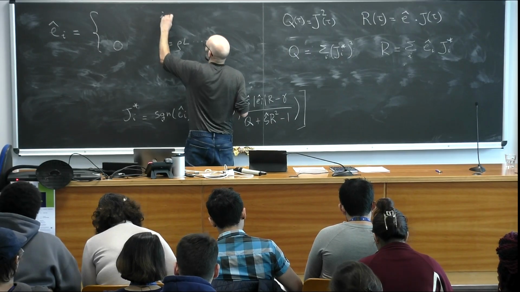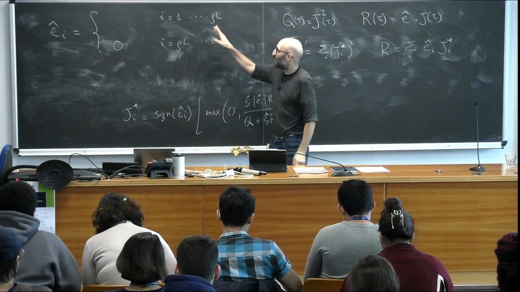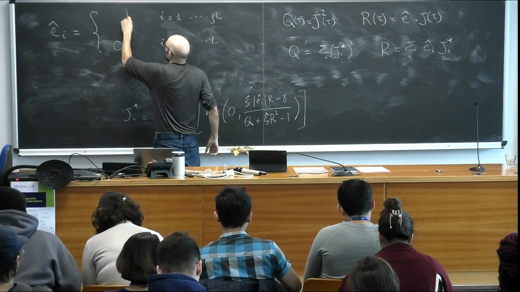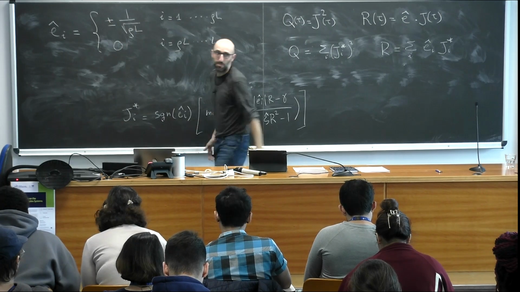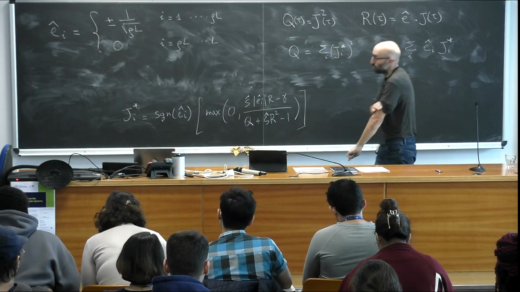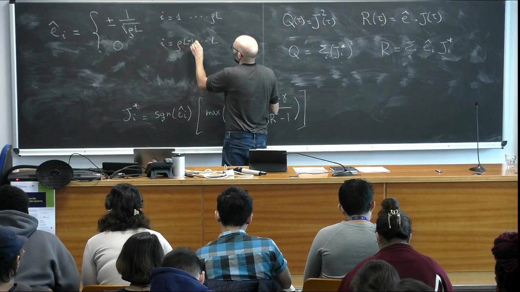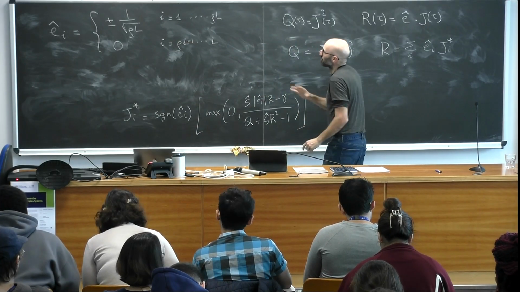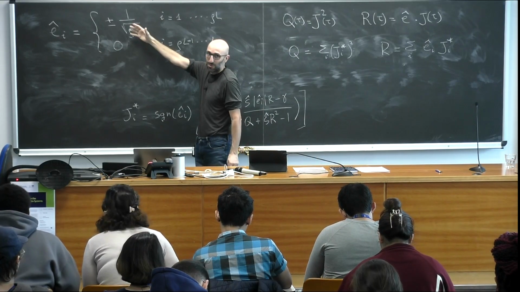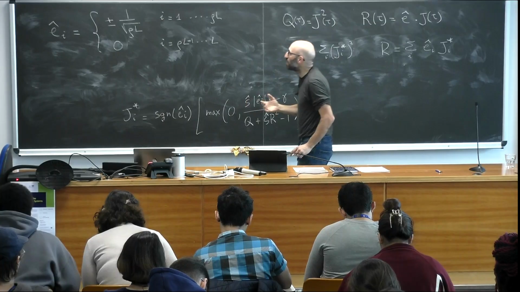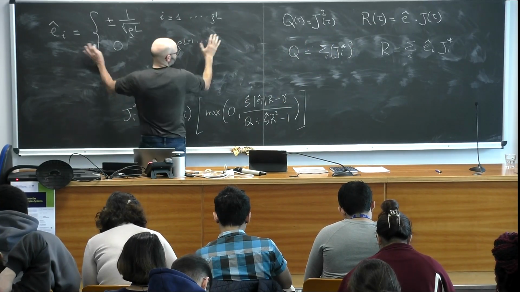And the other ones, for i from 1 to rho L, are non-zero. Because it should be normalized, let's say these are either plus or minus 1 over the square root of rho L. So this is a unit vector that has a fraction of the components equal to 0 and a fraction of the components that are non-zero and equal to plus or minus something.